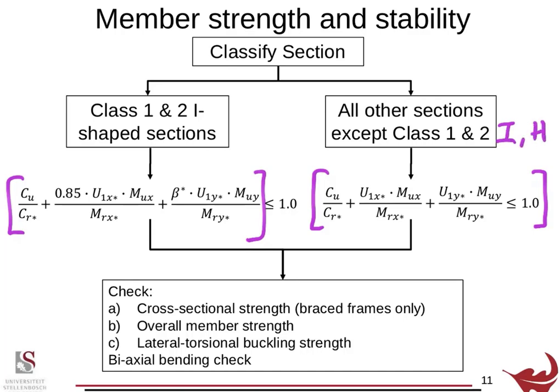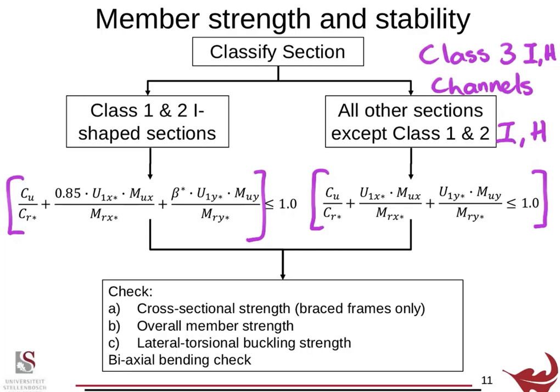So this would be class 3, I and H, and channels would normally fall in there. We typically don't design sections such as angles and the likes for bending, and so generally what's on the right hand side is channels and class 3 or 4 I and H sections, and on the left hand side you've got your class 1 and 2 I and H sections.